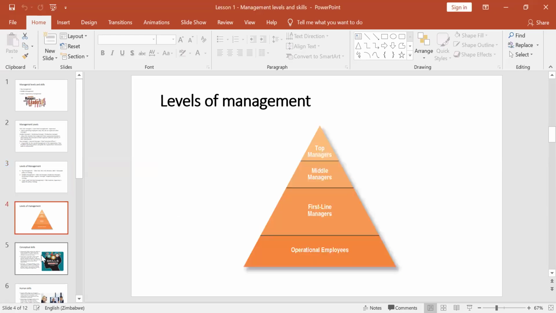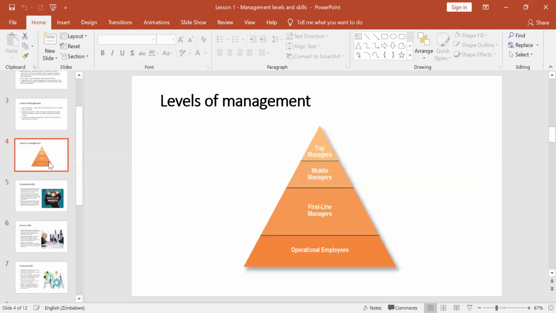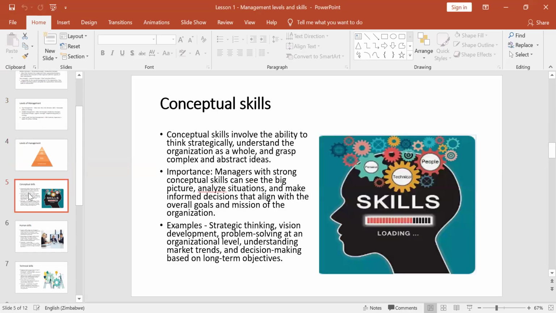Then these managers, I've just skipped this one here. It just talks about the hierarchy within the organization. So we have three types of skills that managers are expected to have. Managers are expected to have conceptual skills, they're expected to have human skills, and they're expected to have technical skills.